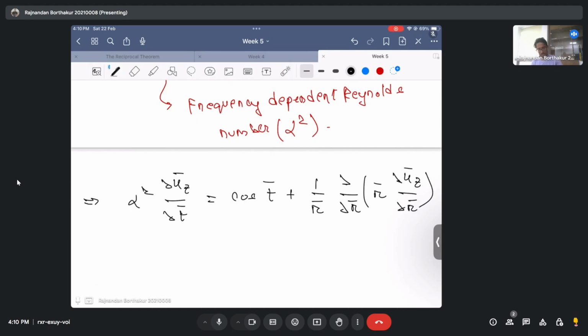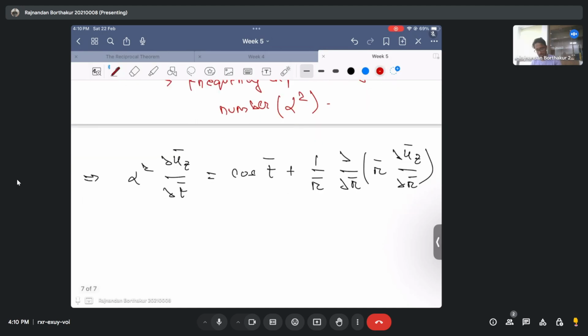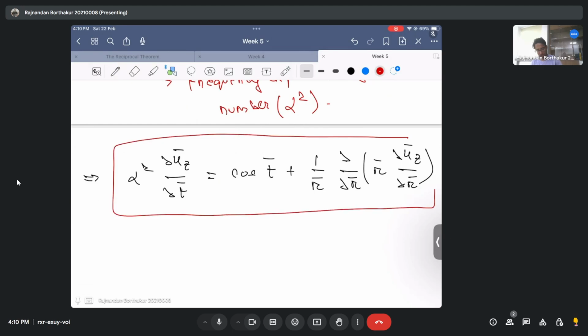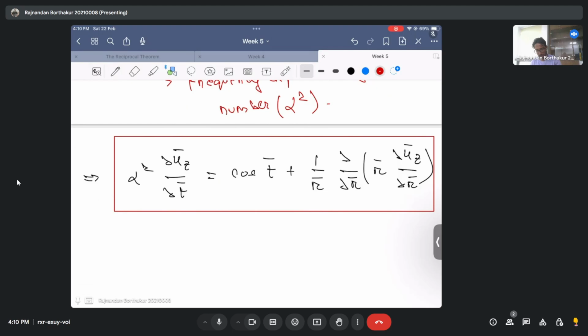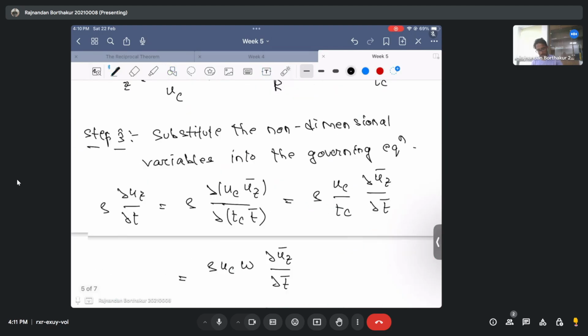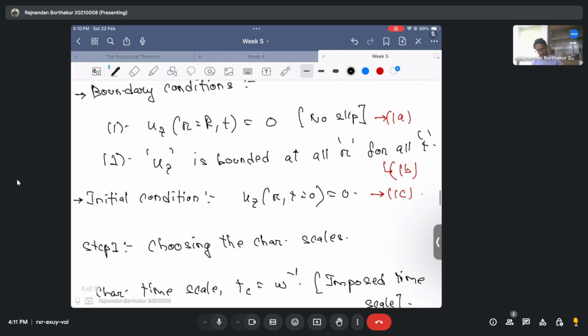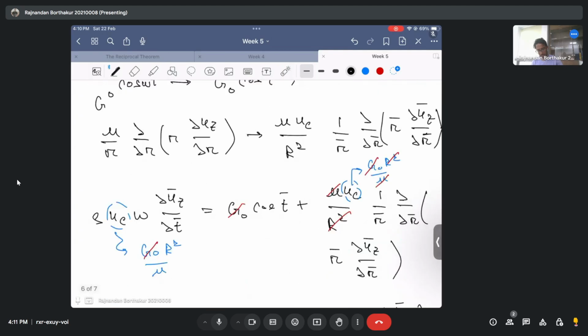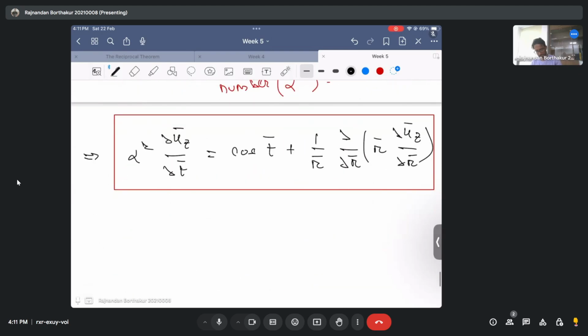That's it. That's the non-dimensional equation that we will seek to solve from the given dimensional equation. Let's name this equation 2.